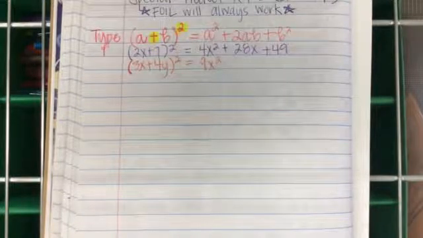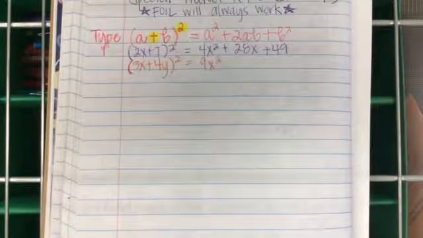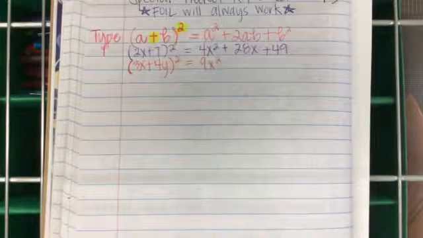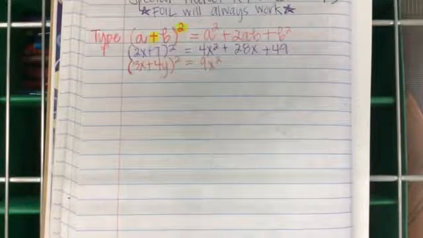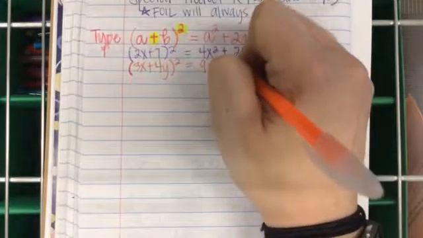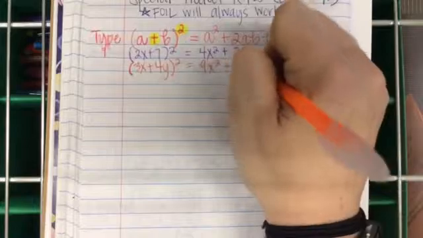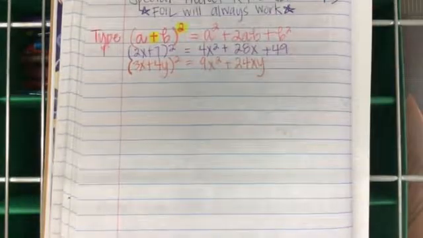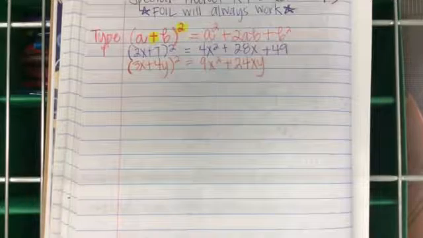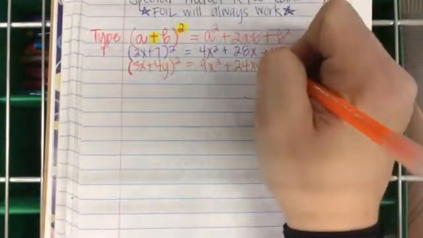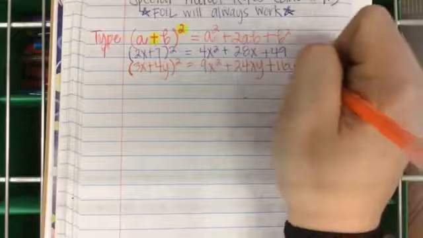What's 2 times 3x? 6x times 4y. 6 times 4 is 24xy. And 4y times 4y is 16y squared.